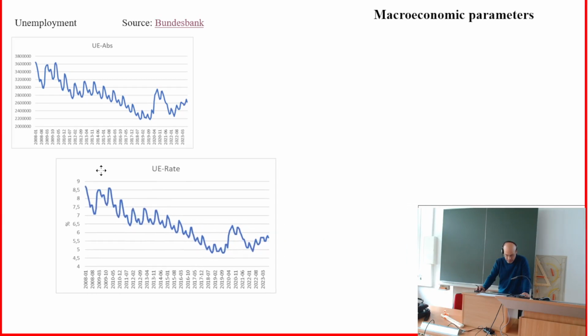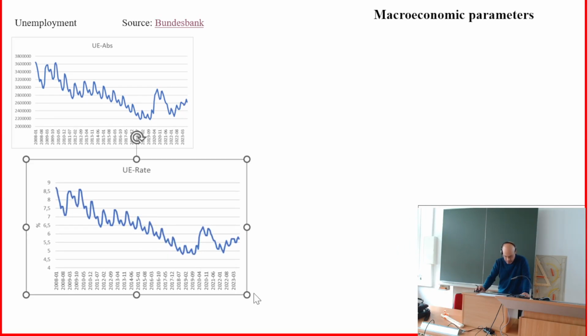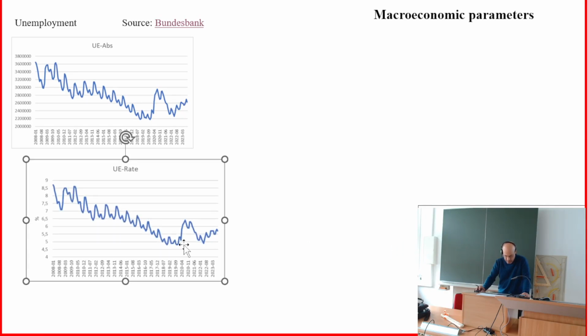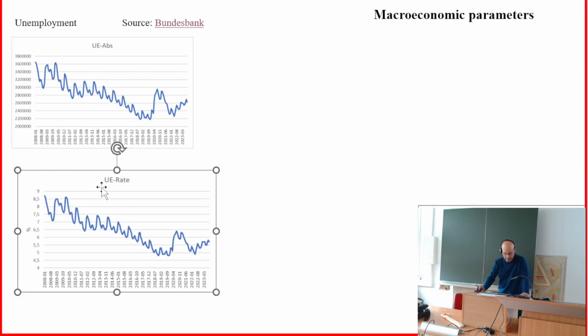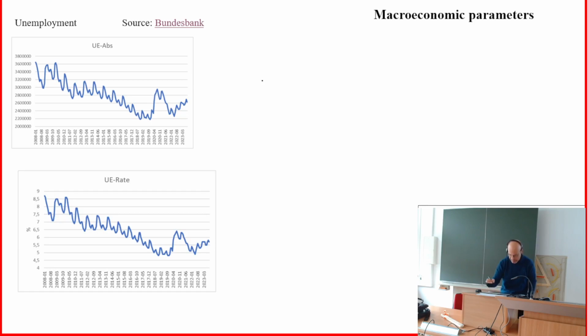Yeah, and then we can interpret these numbers. Maybe you remember it from the macro course. Well, we have this downturn, and both of these numbers are going in a parallel pattern, which is not very surprising.